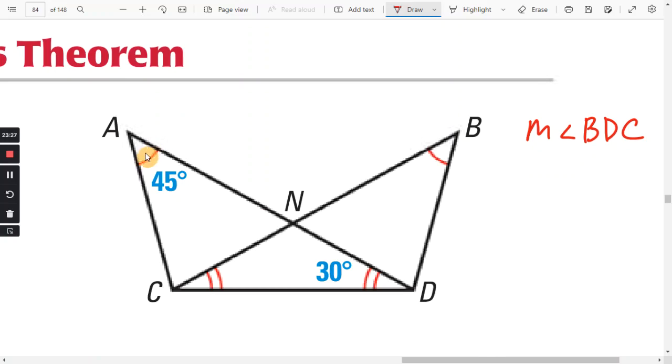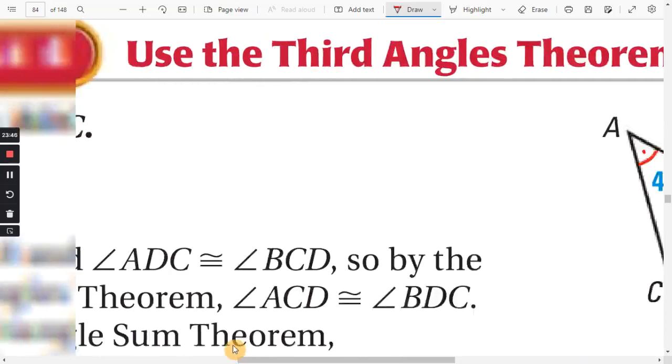All right, see this one angle here? It has 1 mark. That's 45. This one here has 1 mark. That's also going to be 45. This one here has 2 marks. That's 30. This one here has 2 marks. That's also going to be 30.